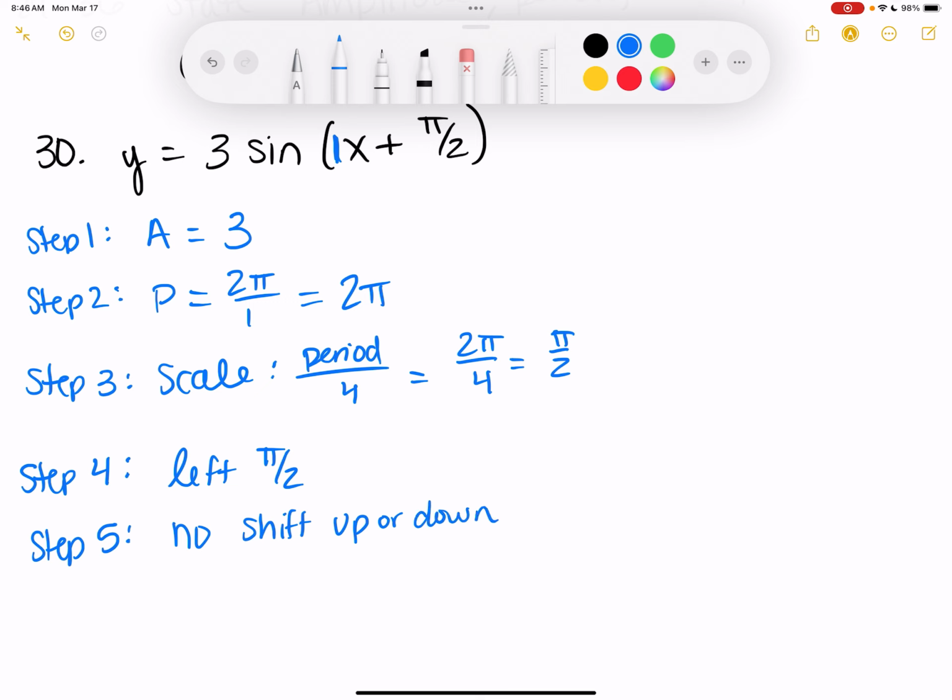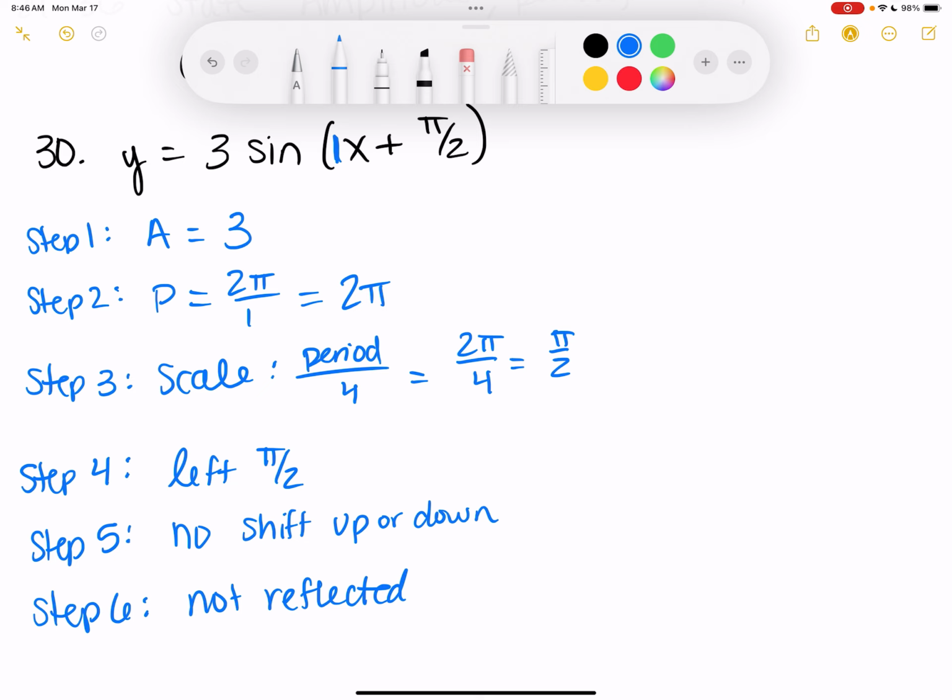And then is this graph being reflected? No. So step 6, not reflected. And again, I just wrote out all 6 steps so that we could see it for reference. But you would not have to actually write out everything. I usually only write out what actually is happening, not the stuff that's not relevant.